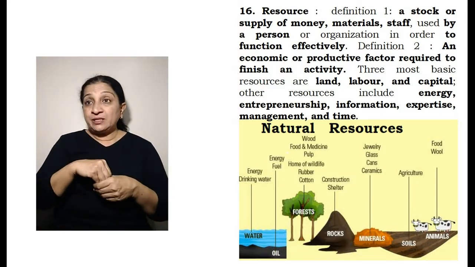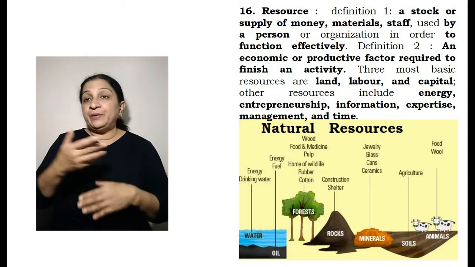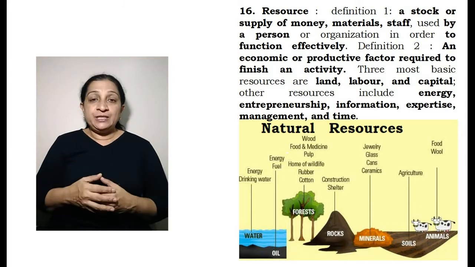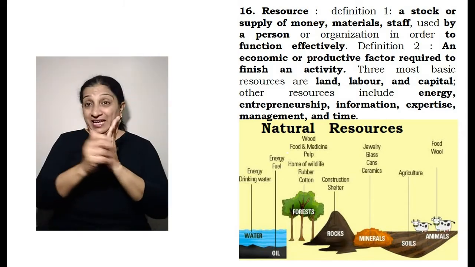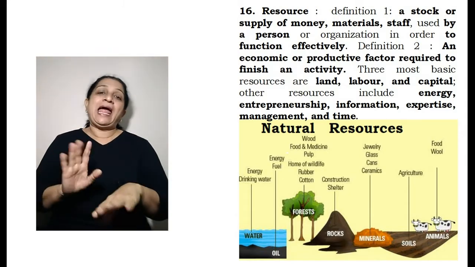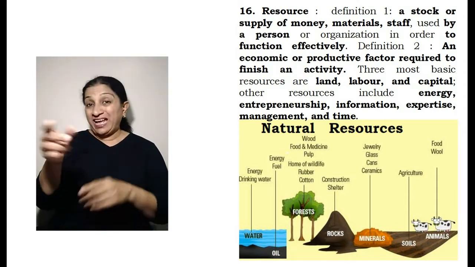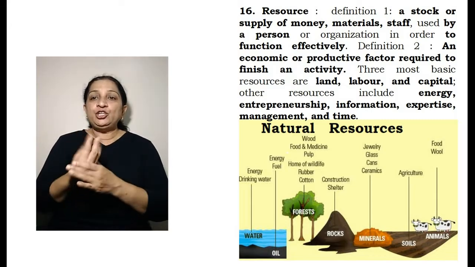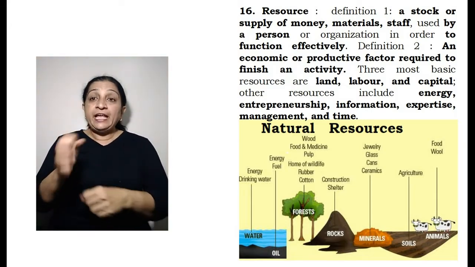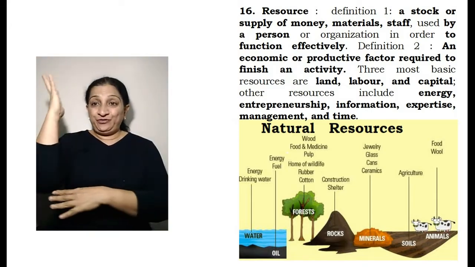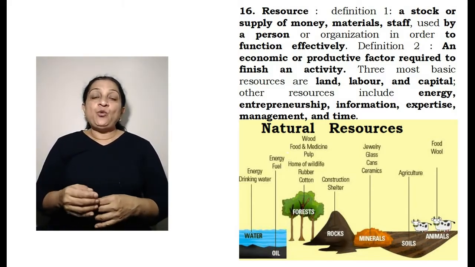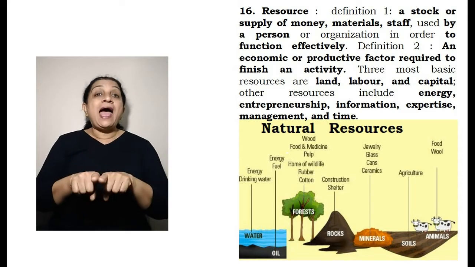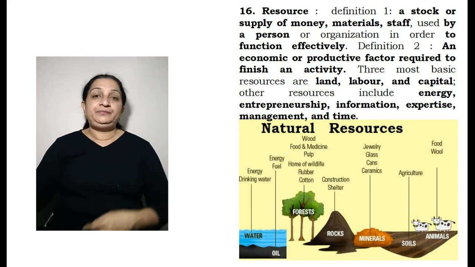This includes land, labor, capital, entrepreneurs, information, expertise, management, and time. Then in the slide you will see a picture of the natural resources: water, energy, wood or trees, minerals, rocks, soil, and animals.